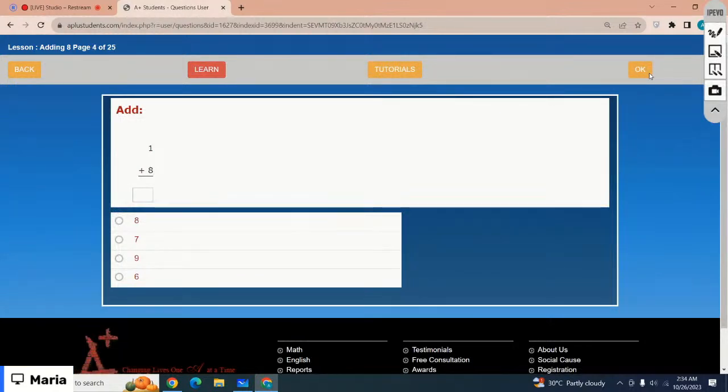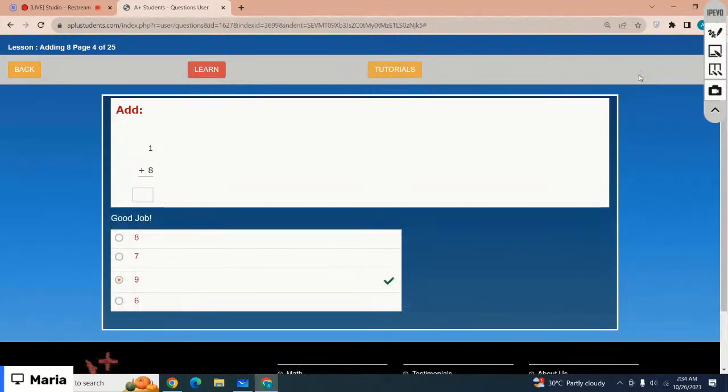Okay, the next one is 8 plus 1. So which is the correct option? Yes, the correct option is 9. 8 plus 1 equals 9.